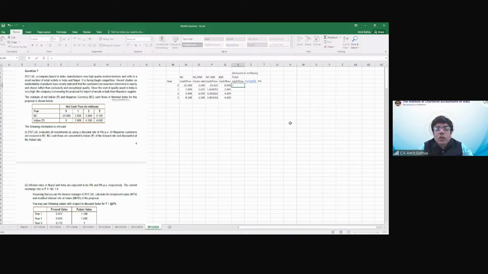Total cash flow will be the Nepali currency cash flow, which I have already now converted into INR, plus my Indian cash flow. So that will give me the total cash flow in INR terms. Am I right? Total cash flow, this will be in INR terms. Are you all with me till here?